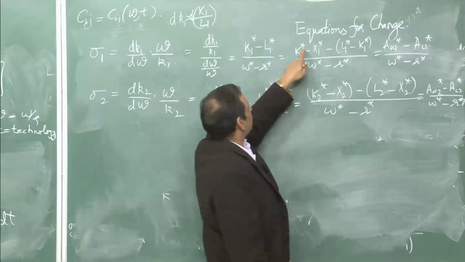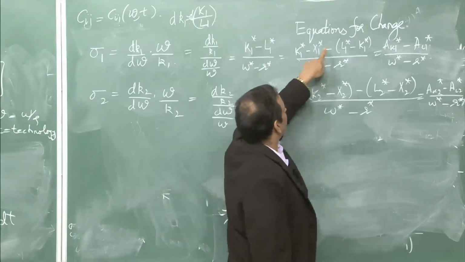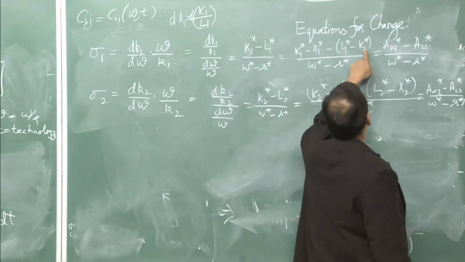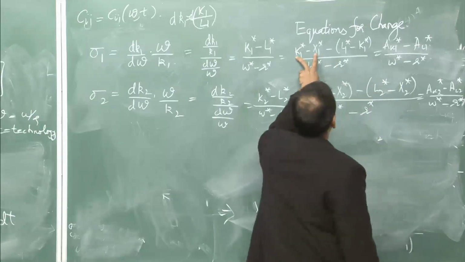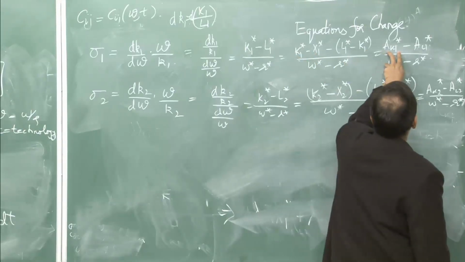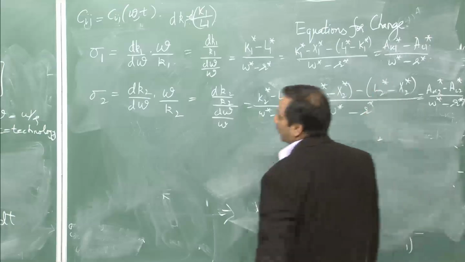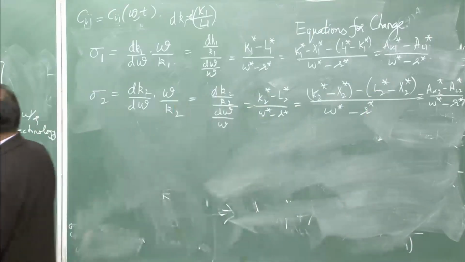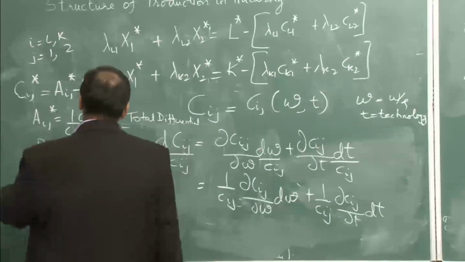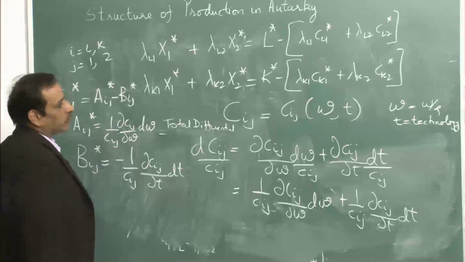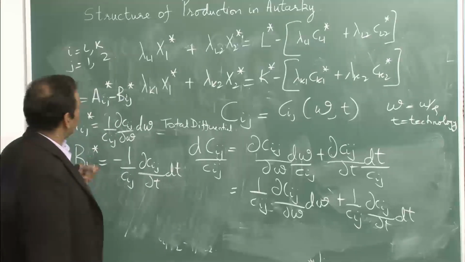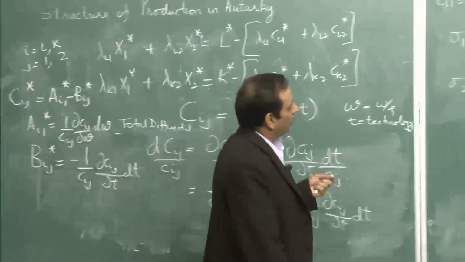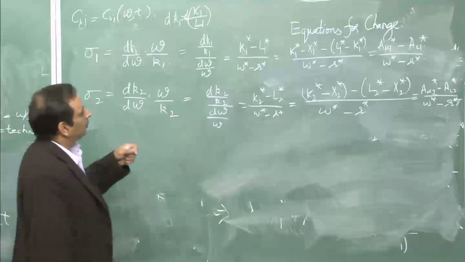Now, you can write this as k1 star minus x1 star minus L1 star minus x1 star. So, this is ak1 star. Please recall ak1 star, it is the change of the input output requirements due to changes in the omega. Omega is the W by R ratio.